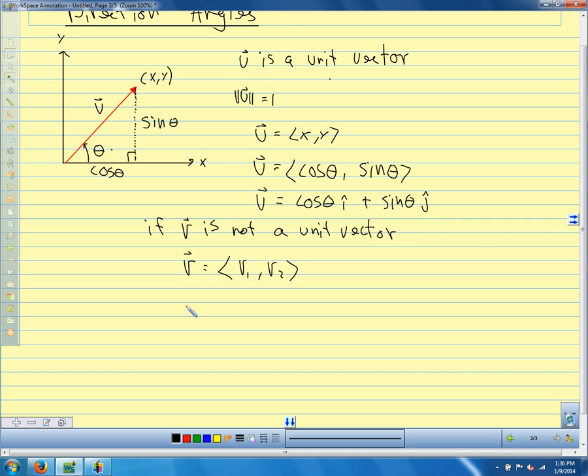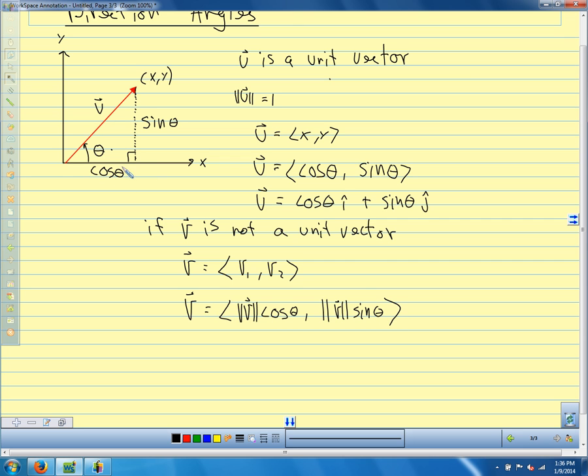So we could say that v is going to be the vector magnitude of v cosine theta and magnitude of v sine theta.